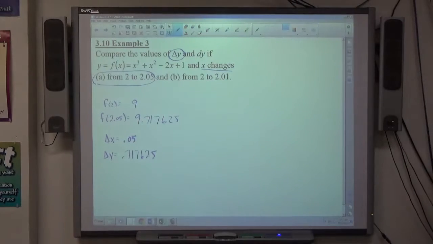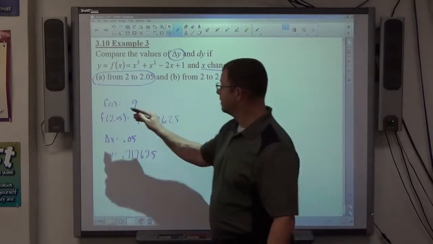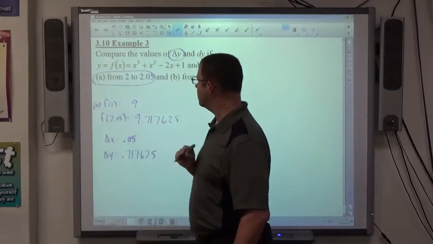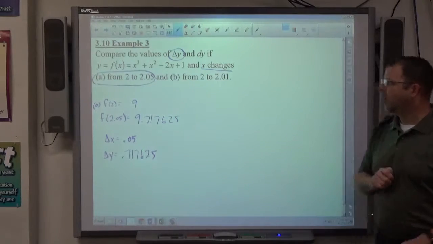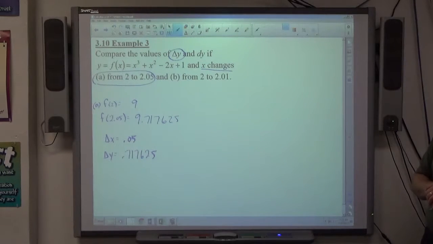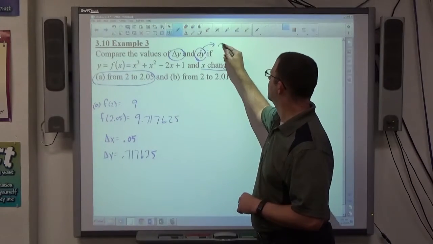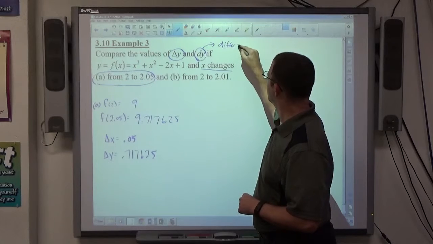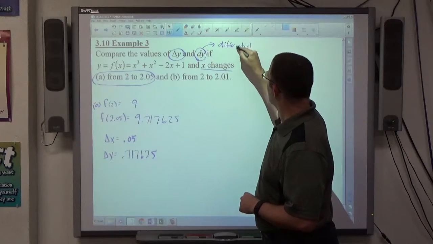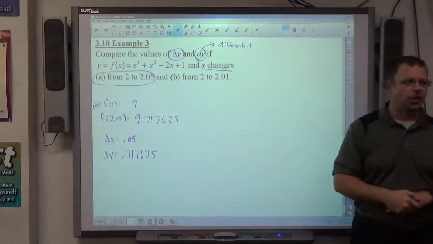Then we're going to compare the values of delta y and dy. So there's delta y for part A. Now, as far as dy is concerned, dy is called a differential. You already have every skill necessary to do differentials.